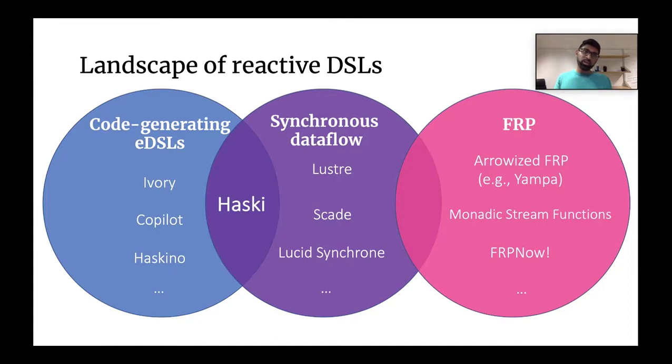It's very much based on the Lustre paradigm, and it tries to generate code which can be run with a fixed amount of memory, so that you can put a bound on the amount of memory that is consumed by the program, which is very important for these resource-constrained IoT devices.